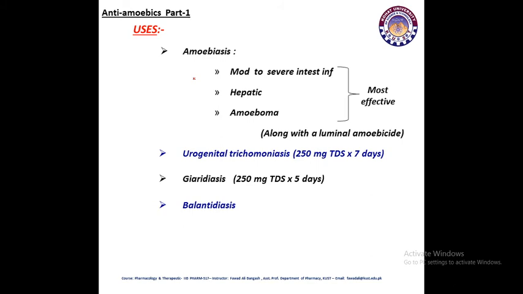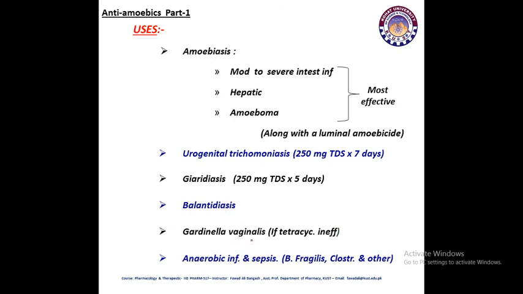In urogenital trichomoniasis they are effective, for example 250 milligrams three times a day for 7 days. They are also effective in giardiasis, 250 milligrams three times a day for 5 days, and balantidiasis.